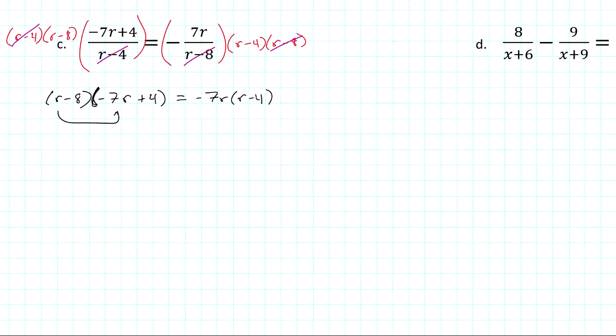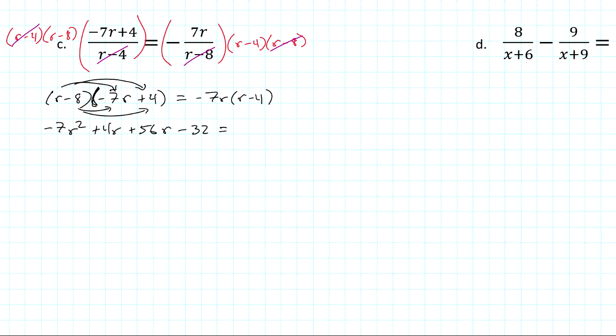I need to take this r minus 8 and FOIL it with the minus 7r plus 4 on the left. So we'll get a minus 7r squared. And then we'll get a plus 4r. And then we'll get a plus 56r, since 7 times 8 is 56, from the inside terms. And then the last terms will get a minus 32. 8 times 4 is 32.